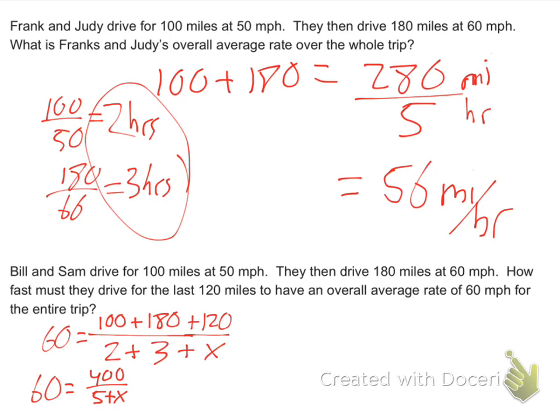So, I think we should agree that 60 times 5 plus x is equal to what? 400? How many people want to distribute the 60? I think I'd rather divide it out. Okay?